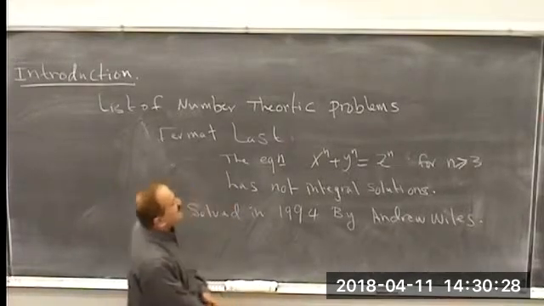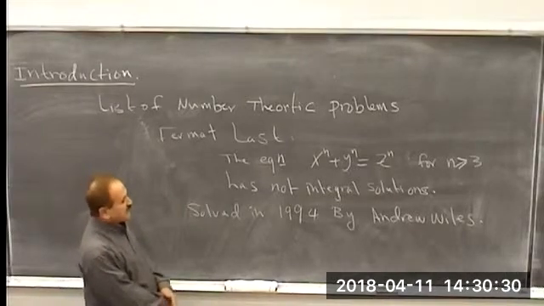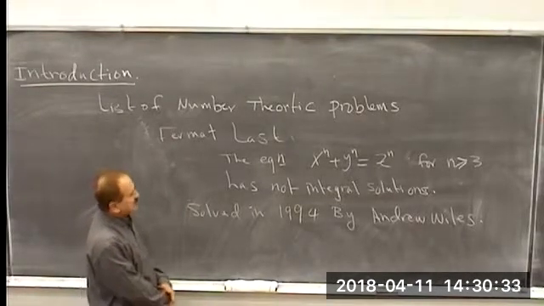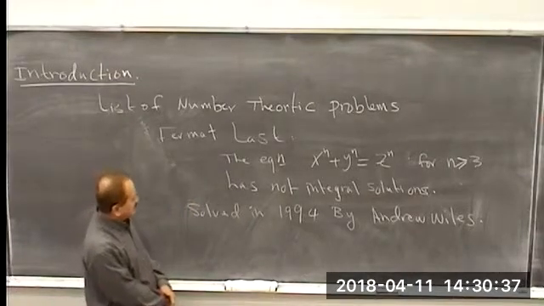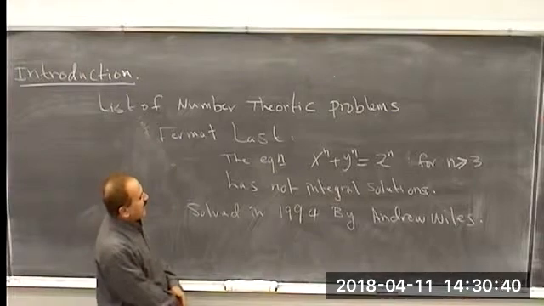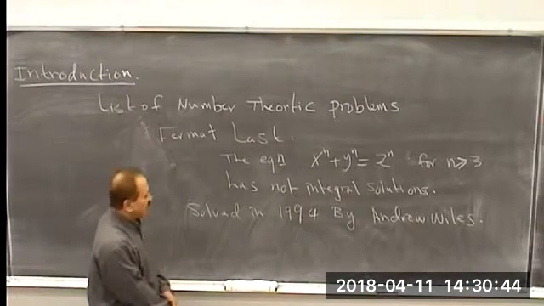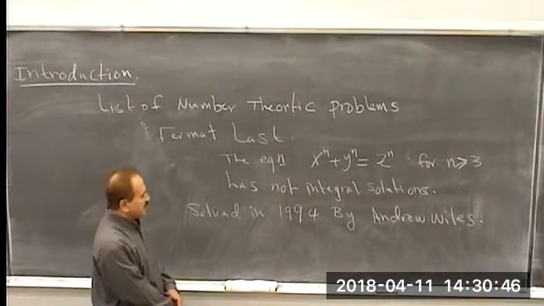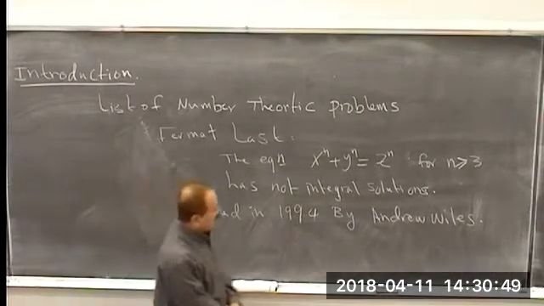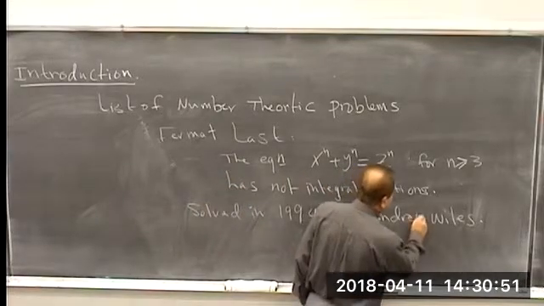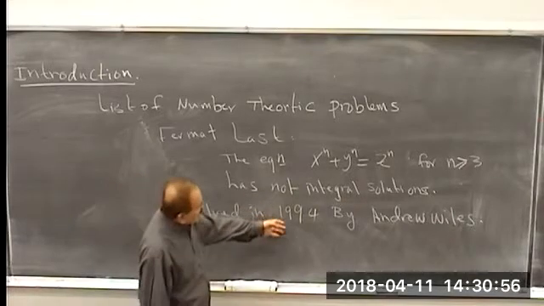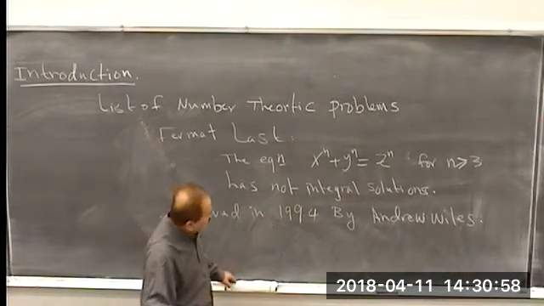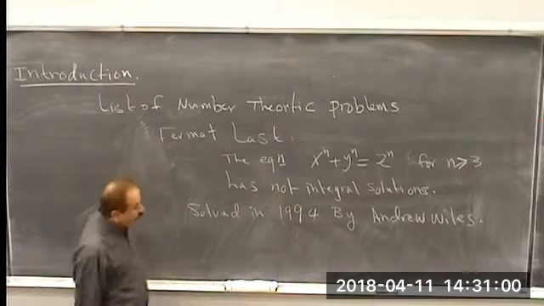Initially, when Andrew Wiles announced the solution for Fermat's last theorem, everybody was excited, and it turned out that he had some gaps in the proof itself. So it took him another 2 years with help from colleagues and students, and the result was published in the Annals of Mathematics in 1994.